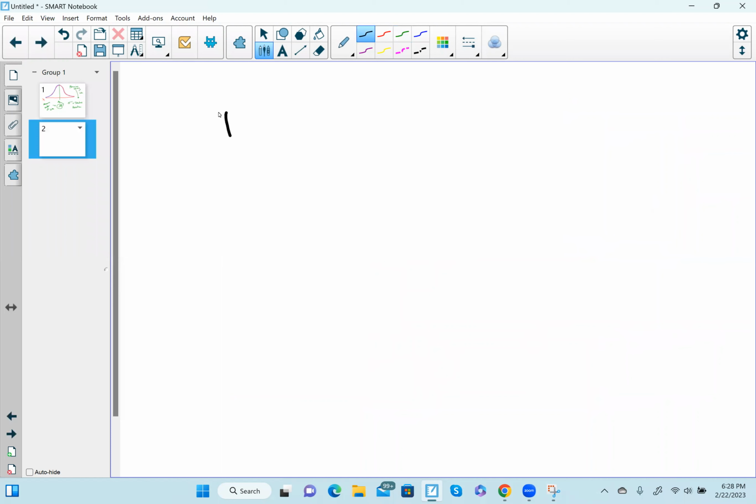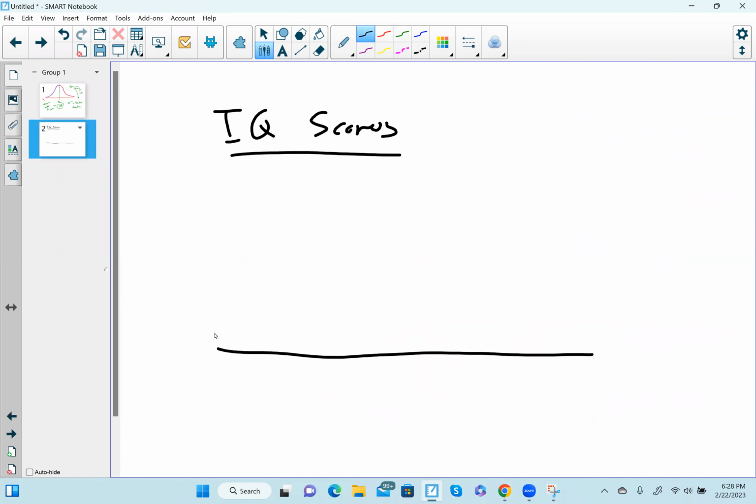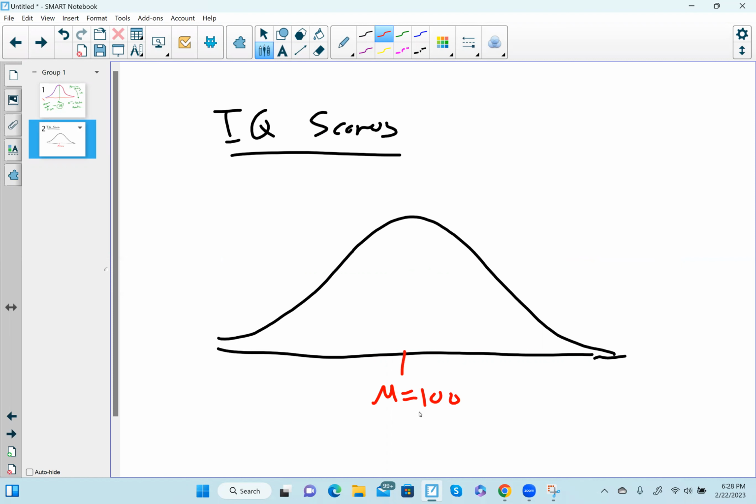IQ scores are an example. Typically IQ scores, which maybe you've taken one in your life, you might have been given one by a school and not known it, usually they're typically centered around 100. IQ stands for intelligence quotient. It's usually your intellectual age divided by your chronological age.